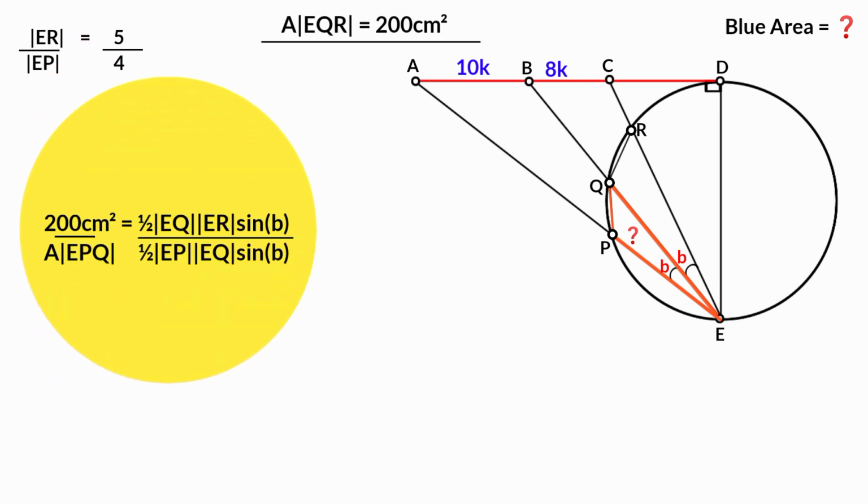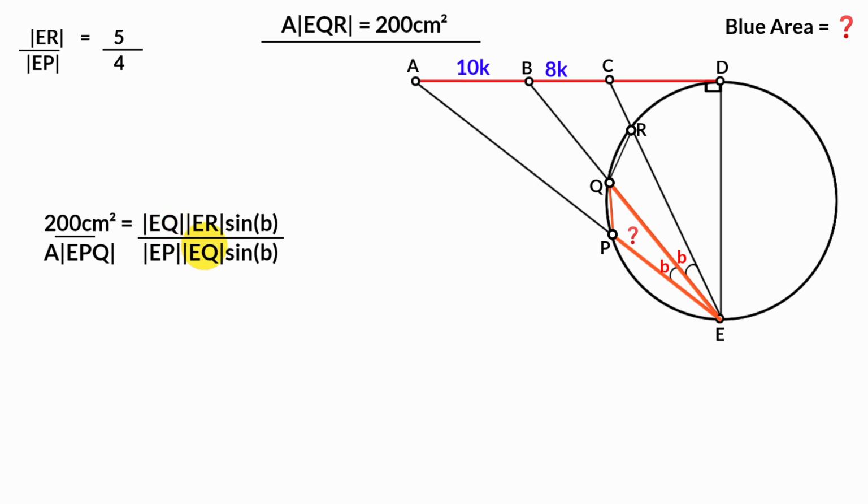So 200 centimeters squared over area of triangle EPQ equal to 1 over 2 line EQ line ER sine B over 1 over 2 line EP line EQ sine B. Here this 1 over 2 goes with this 1 over 2. This line EQ eliminates this line EQ, and this sine B cancels this sine B. So 200 centimeters squared over area of triangle EPQ equal to line ER over line EP.